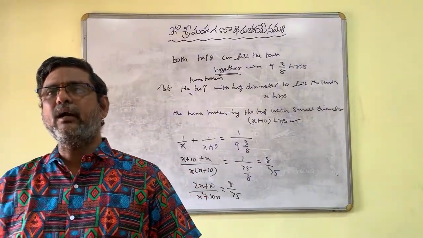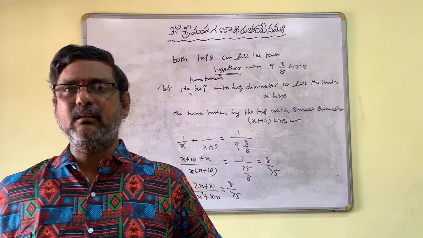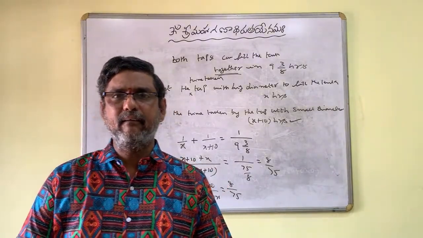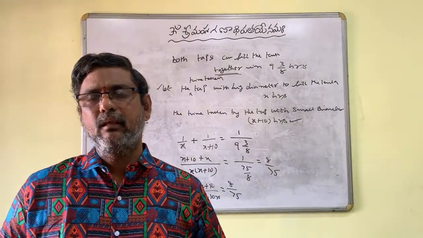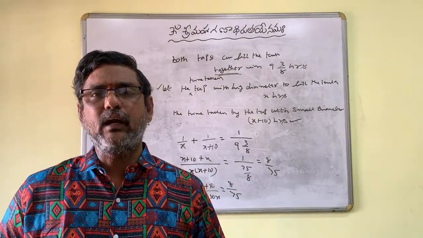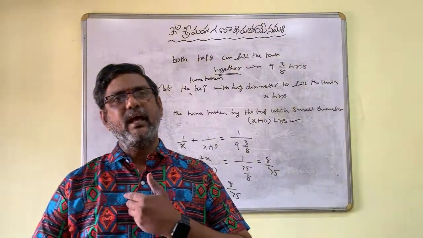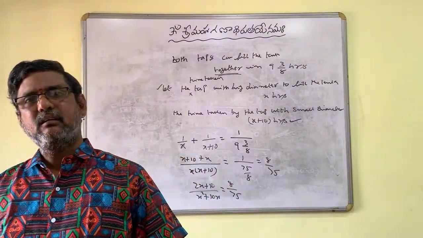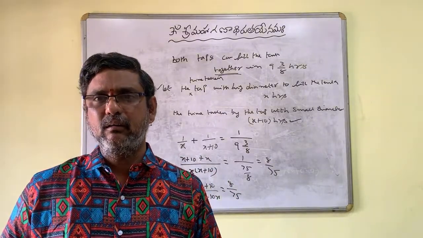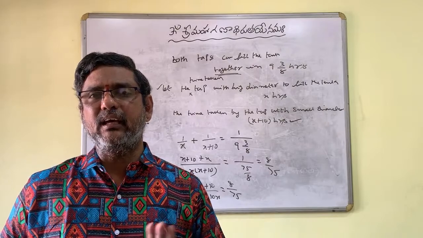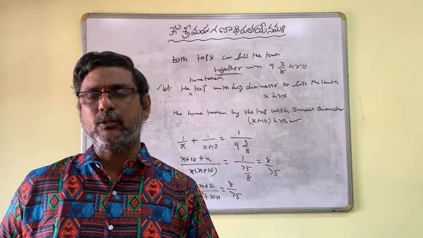Suppose this fellow did work for 7 days and he stopped coming. How much of work is completed? This fellow went for 7 days, consecutive means in a row. He did 7 days' work, and next he stopped going because of his health issues.